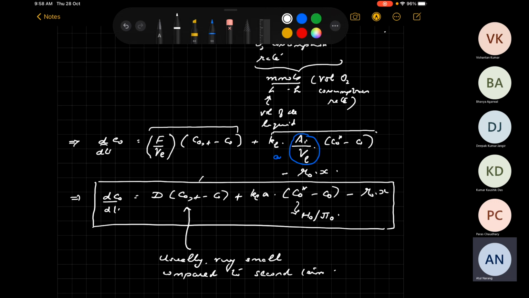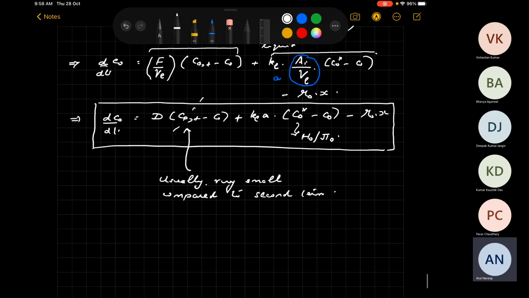So this is usually very, very small, and therefore you often work with the equation dCO/dt approximately equals KLA (CO star minus CO) minus RO times X. All this equation says is that the accumulation of oxygen depends upon the rate at which oxygen is pumped from the gas phase into the liquid phase, minus the rate at which oxygen is consumed by the cells that live in the liquid phase.